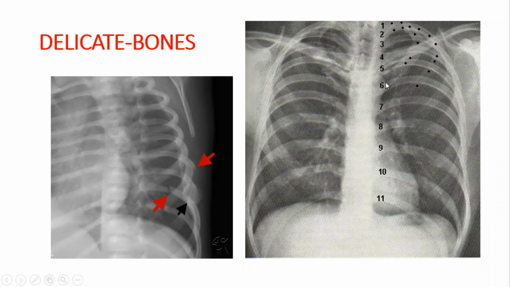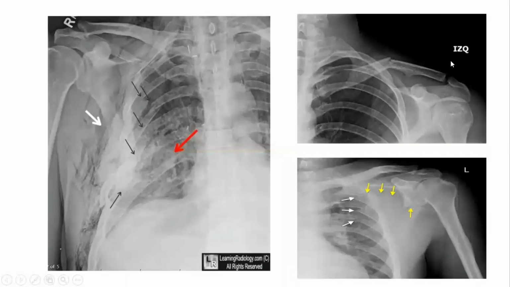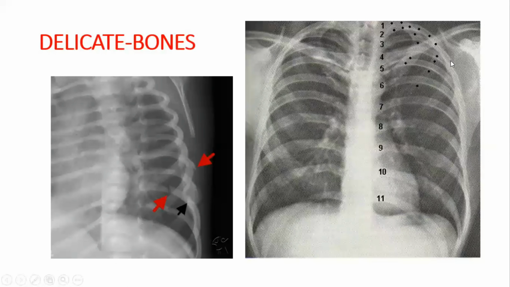This is the back side of the rib. First, then here second, then here third. Next, fourth. Like that, we have to count the ribs.